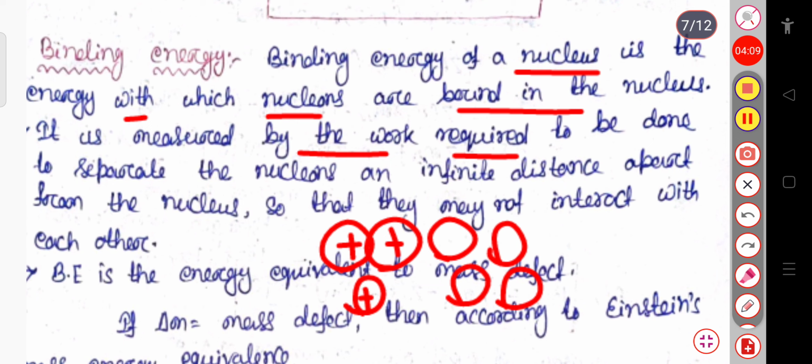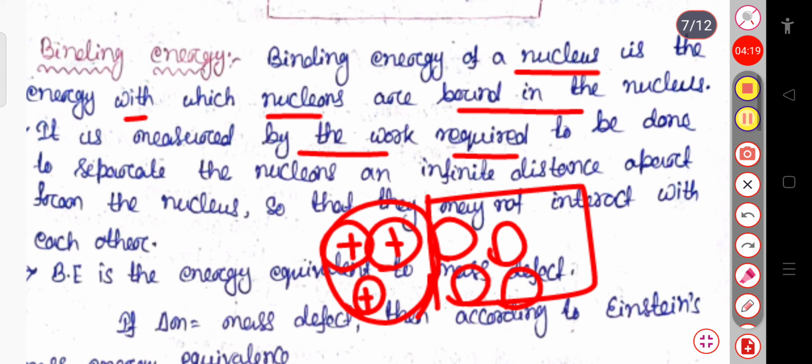The work required to separate these nucleons to an infinite distance, so that they cannot interact with each other, or if I separate some proton from these protons so that their interaction will be 0, that is called the binding energy. So the work done is called the binding energy of the nucleus.